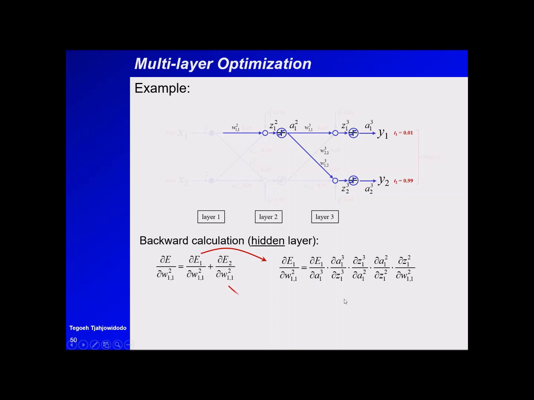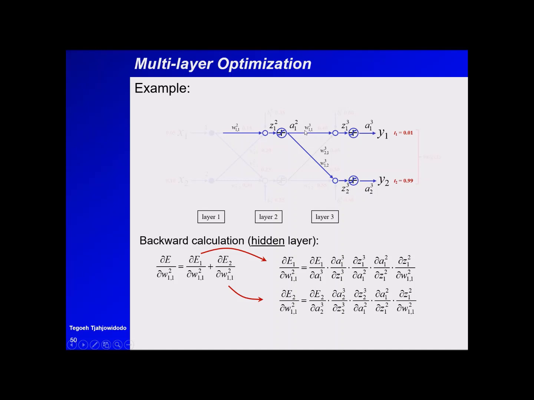And then for the second term here, it's the same: the first derivative of error with respect to W112. The error actually is a function of Y2. Y2 actually is A23. So A23 is a function of Z23.